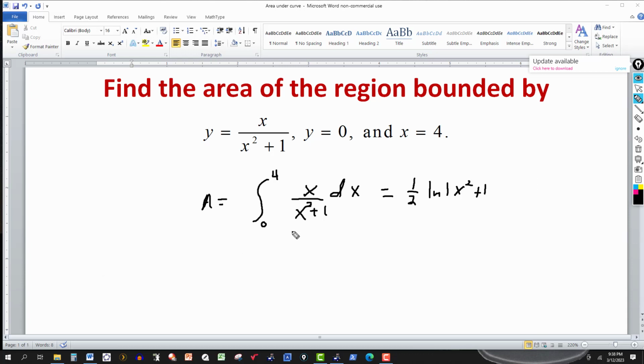Now if you don't see this, we can just do it this way. You can use a u substitution and let u equal x squared plus 1. So du will equal 2x dx.